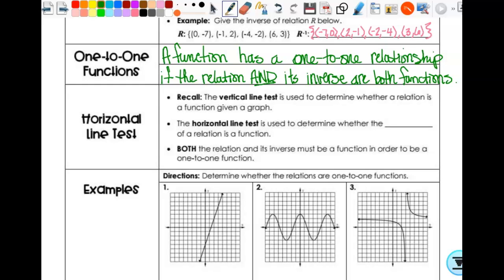So you have to have a function, you find the inverse, and the new one is a function also. That gives it a one-to-one relationship.